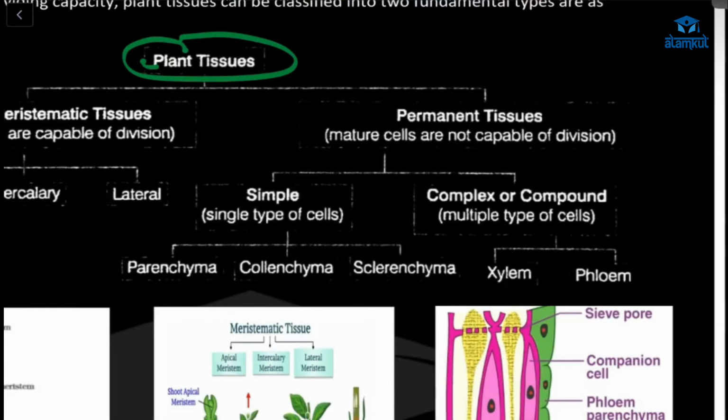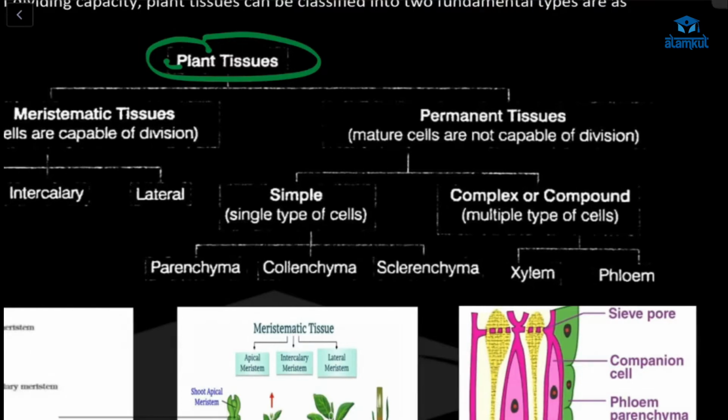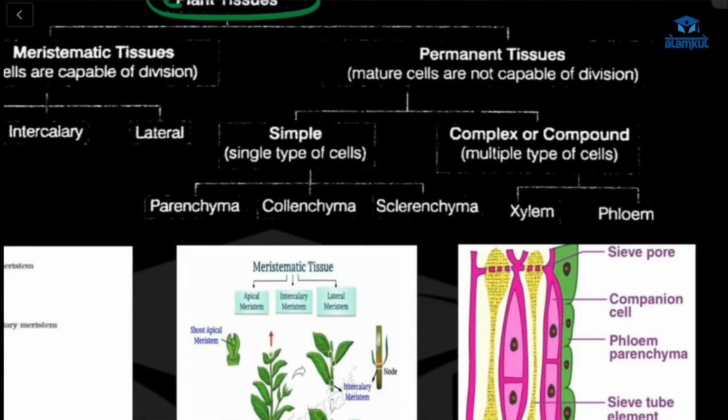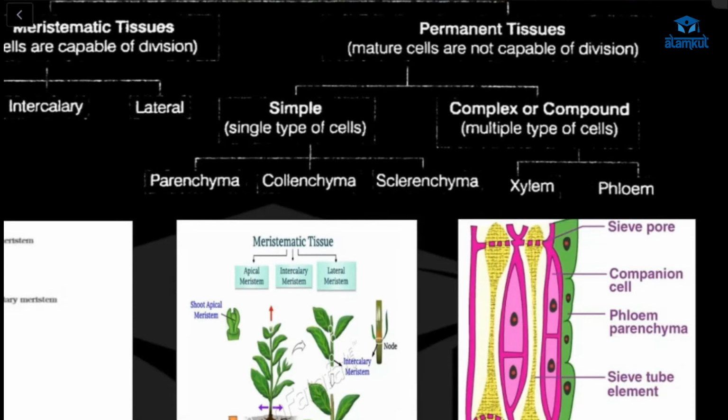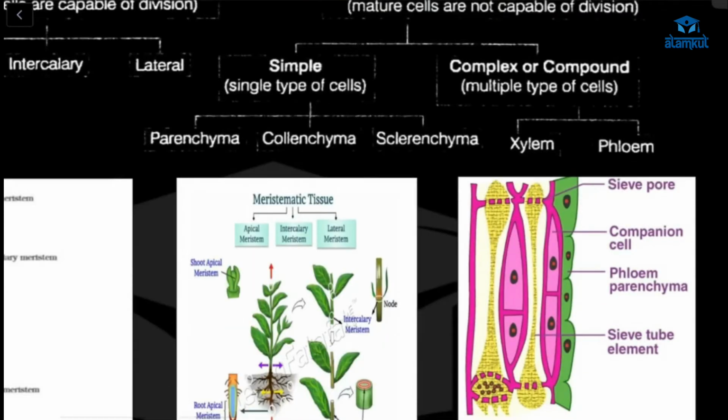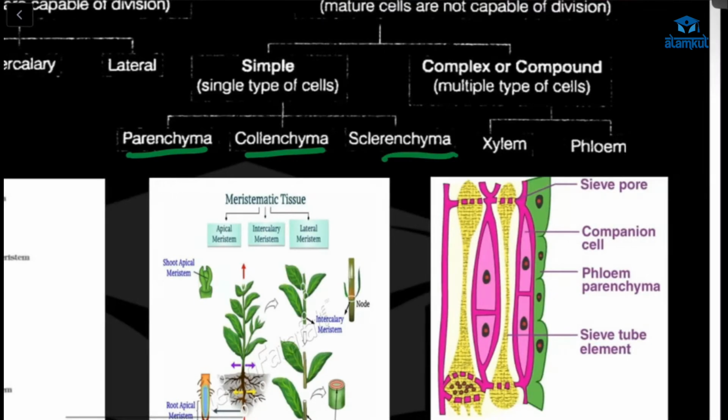There are two types: simple and complex. In simple, there is a single type of cells, and in complex there are multiple types of cells. In simple we have parenchyma, chlorenchyma, and sclerenchyma. In complex we have xylem and phloem.